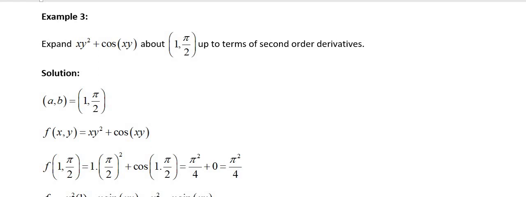So, pi by 2 whole square value is pi square by 4, plus here we have cos of 1 into pi by 2, that is cos pi by 2 only. The cos pi by 2 value we know that is 0. So, pi square by 4 plus 0 is pi square by 4.